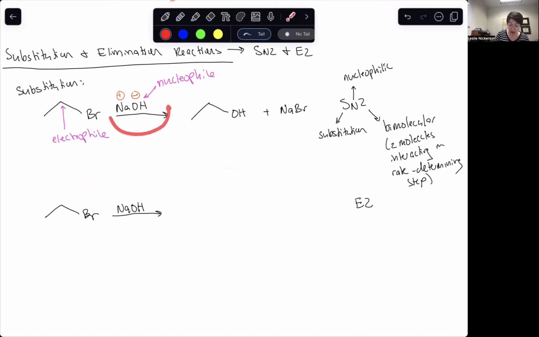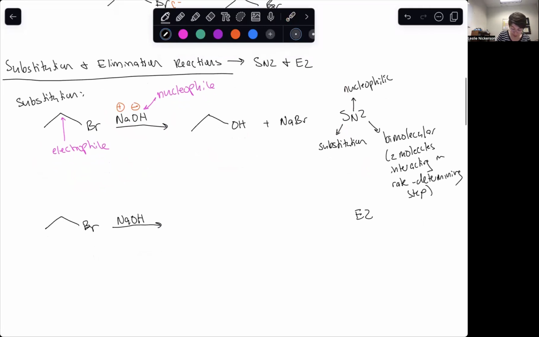But if we're looking at this, we don't usually look at sodium hydroxide and just think nucleophile. Hopefully you've gotten to the point where you're looking at sodium hydroxide and going, base, that's definitely a base, and we can definitely use it as a base.